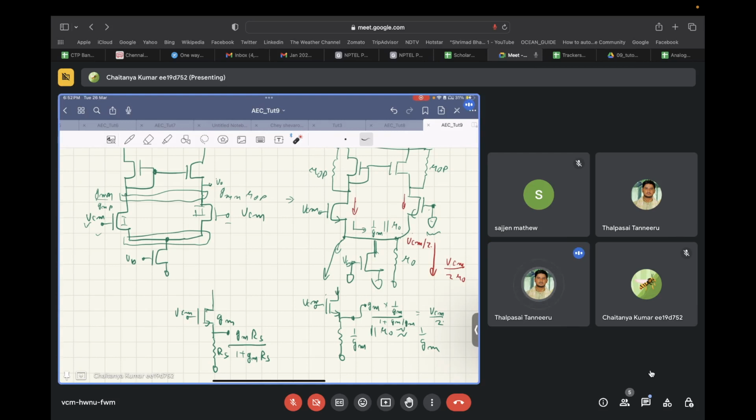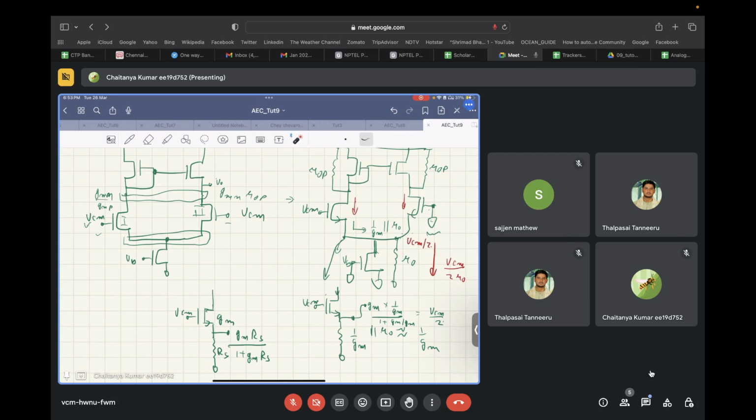Do you follow? Okay, so VCM by 4 R naught will flow in this direction, and VCM by 4 R naught will flow in this direction through the current mirror. So overall, VCM by 2 R naught will be the short circuit current drawn from the output, and that multiplied by the output resistance ROP will give you the common mode gain at the output.